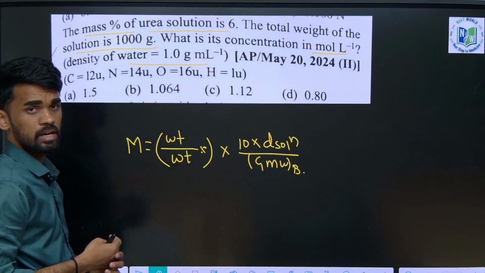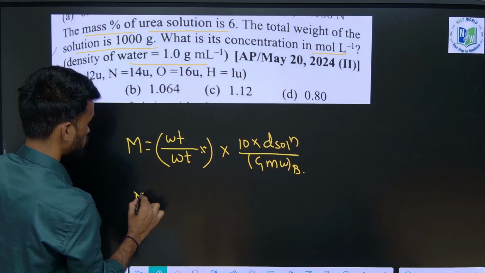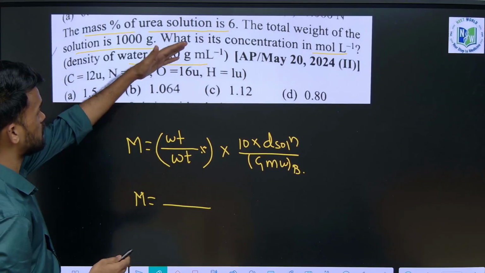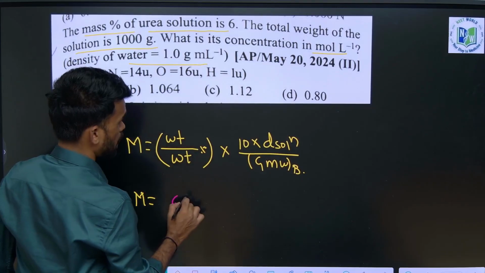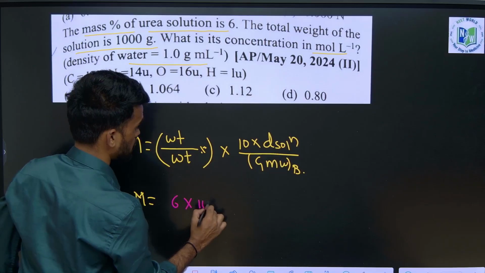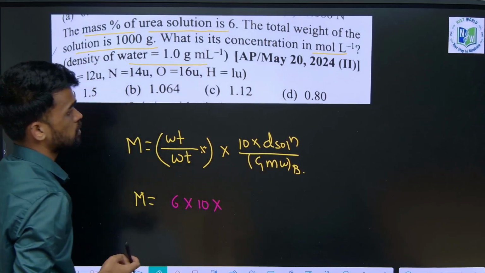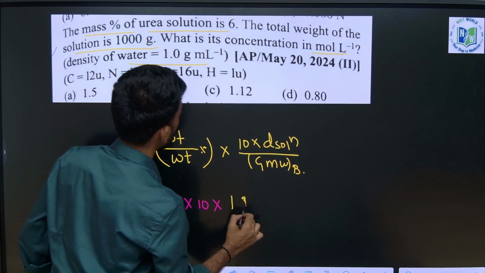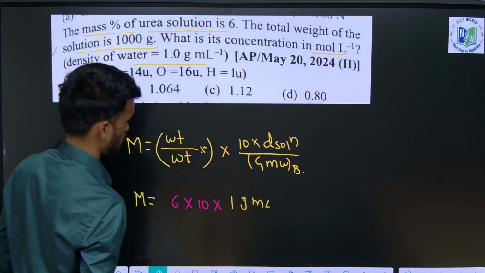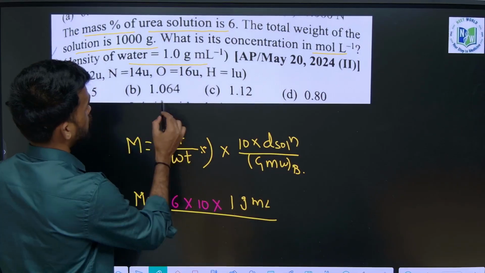I told you this. This is how you can make the formula. So what is the weight by weight percentage they told? Here it is given as 6%. So you can take 6 and 10. And what about density? The density is given as 1 gram per ml. Okay, then next we have gram per ml.